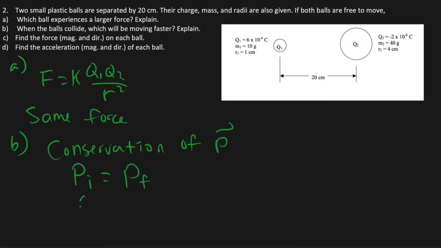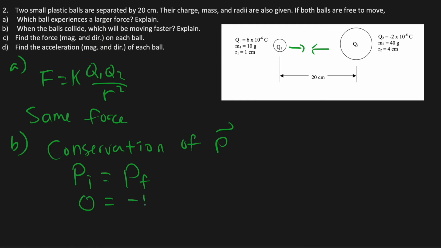So the initial momentum is equal to 0. When they collide with each other, they must have the same magnitude of momentum but opposite in direction, so the total momentum cancels out. So this system has a final momentum of 0.